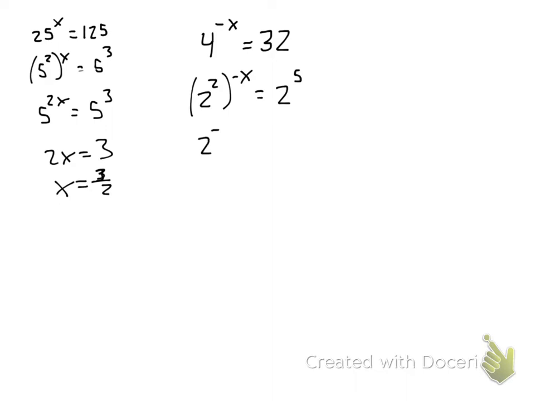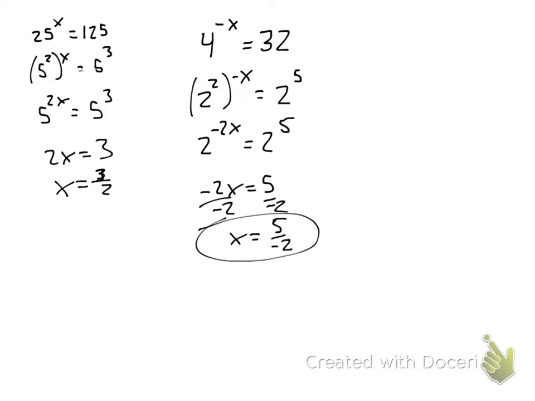It'd be 2 to the negative 2x equals 2 to the fifth. The bases are the same, so negative 2x equals 5. Divide by negative 2, and x is equal to 5 over negative 2. Therefore we solve for x. That's what we're going to be asked to do over and over again.